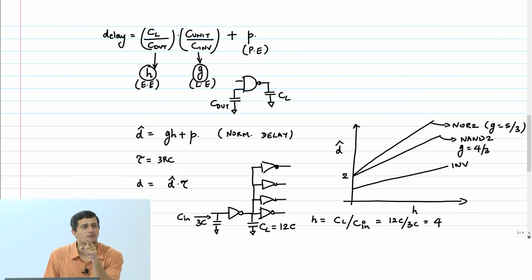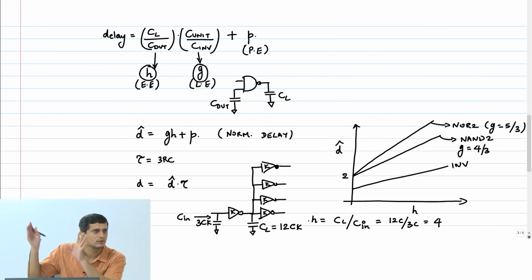Okay. Now you think about this. Suppose this inverter were not the unit inverter and instead I upsized everything by a factor of k. Everything. The whole thing went up by a factor of k. Then what would happen? All capacitances would go up by a factor of k. Correct? That's the only thing that is going to affect the delay, is H, because of the gate sizing, right?